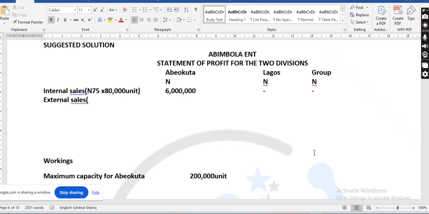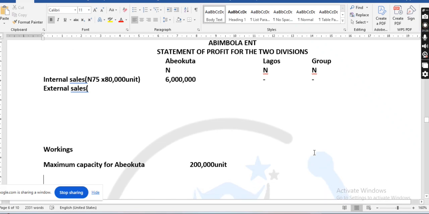Maximum capacity. Then it is compulsory that it must sell to internal. That is the policy. Lagos must buy. That is the policy.